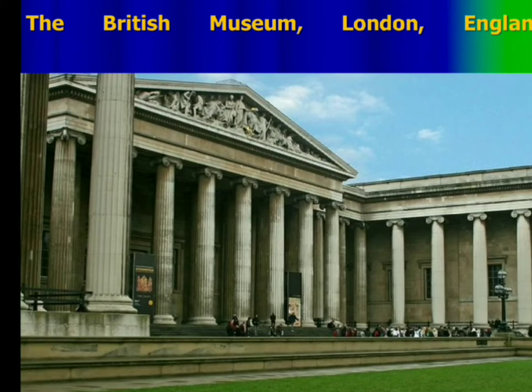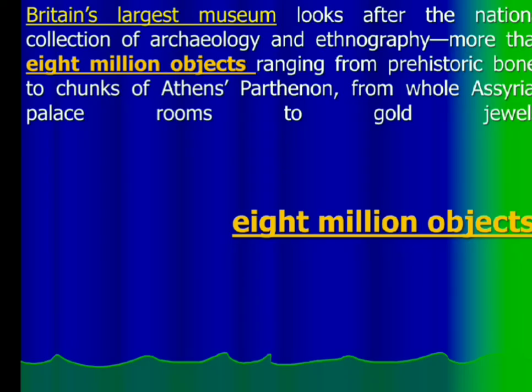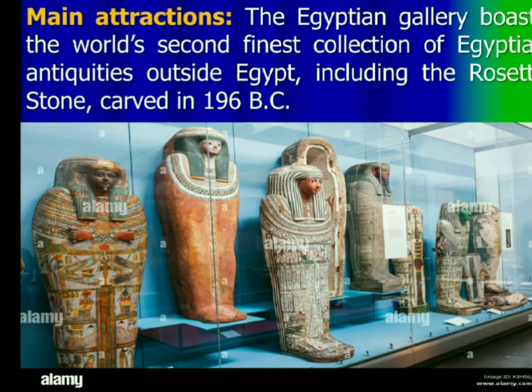The next museum is the British Museum, which is located in London, in England. A world-famous museum that attracts a lot of people yearly, and you can see it on the screen. When we speak about the collections, approximately 8 million objects are collected in this museum.